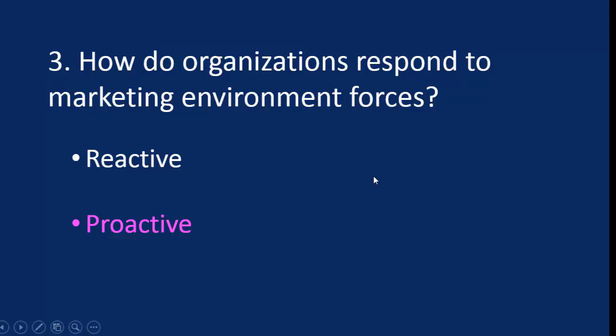A proactive approach means that a business or an organization will try to influence the environmental forces in some way, so that the environmental forces are changed in a way to make those forces more consistent with the operation of the business. Rather than changing the business's operations, instead they try to influence or have some impact on the environmental changes that occur.